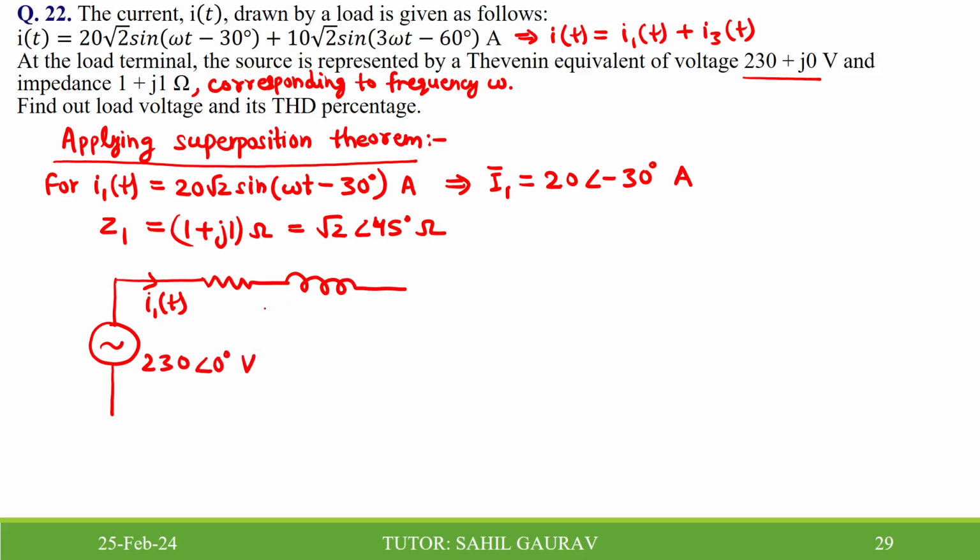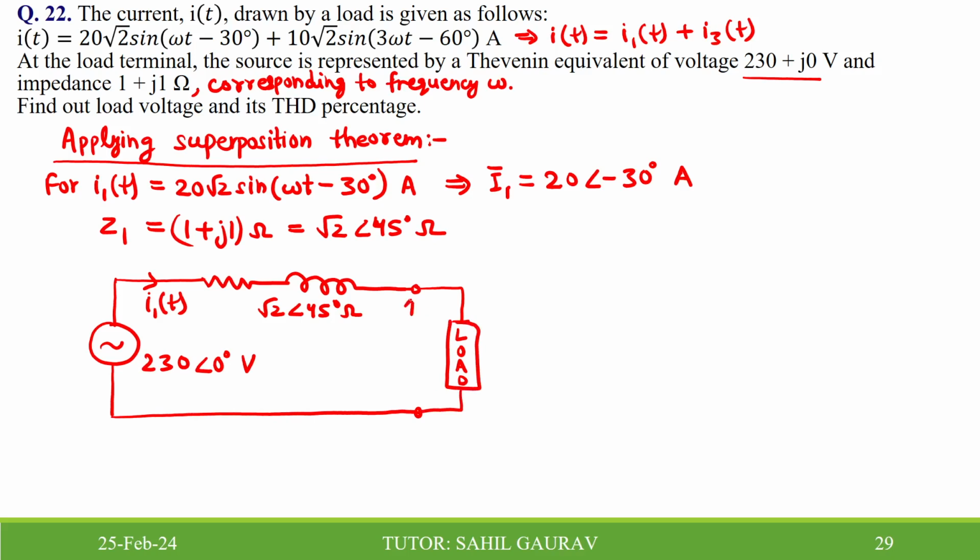So you can write it as root 2 at the angle of 45 degree ohm. And here a load is connected, we have to find the voltage across the load.